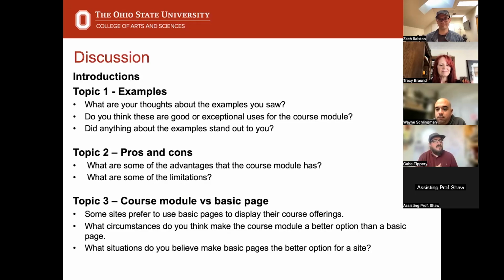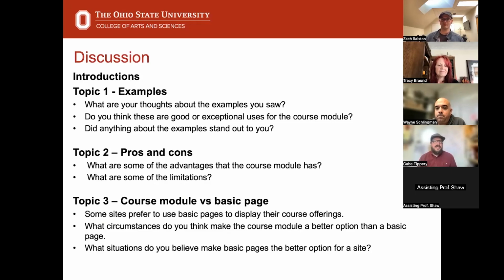I think that, and this came up in some of our previous discussion, my big question around the pros and cons, and maybe starting to transition into topic 3, course module versus basic pages, is, I know that Wayne and astronomy had started a lot of their infrastructure before the course module was really an option, right?